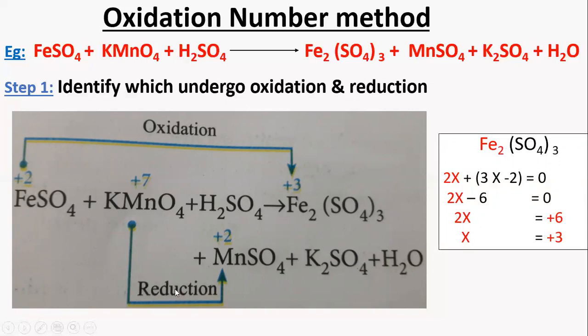So it gets reduced, and it is said to be a reduction reaction. Whenever a reaction is given, to balance it based on this method, first of all you have to find the oxidation number, and after that you have to identify which undergoes oxidation and which undergoes reduction. So this will be the first step.